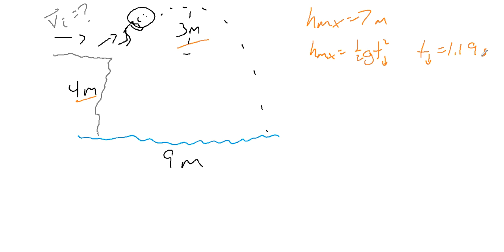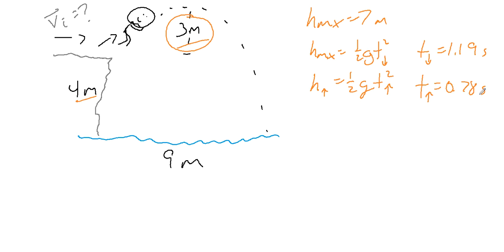I could find my time up because I can do the exact same calculation except with only the 3 meters. So I could do the height on the way up, 1/2 g time up squared, to just see how long it takes him to go up that 3 meters. So if I do the same type of calculation, I can find the time just to go up. I know it has to be less than 1.19 seconds. And I get a time up of 0.78 seconds.